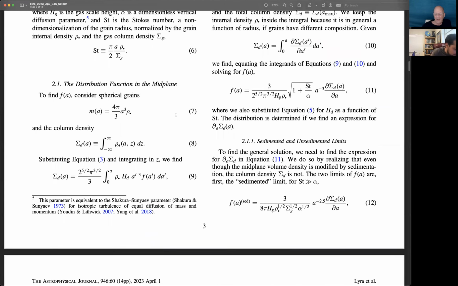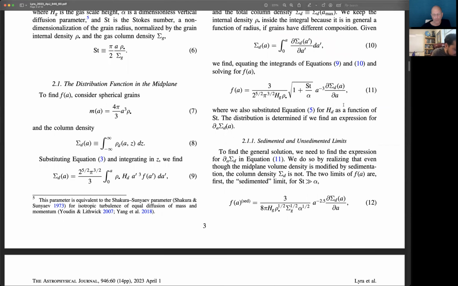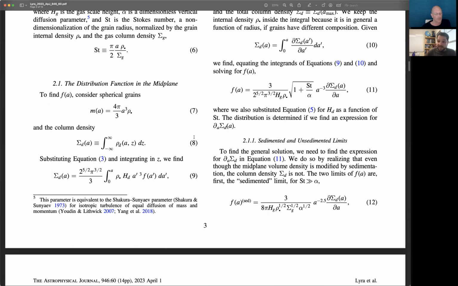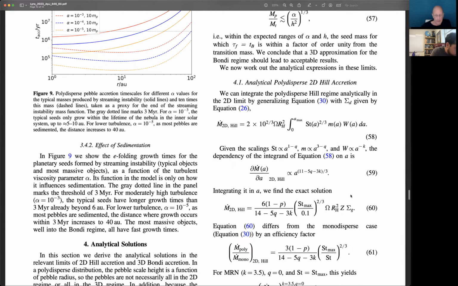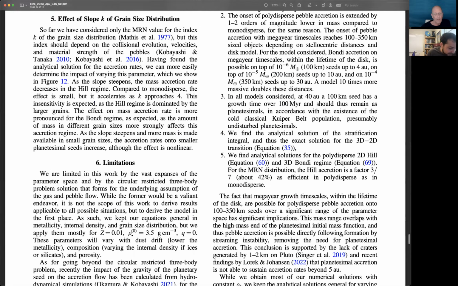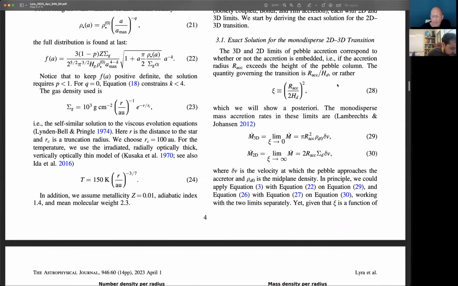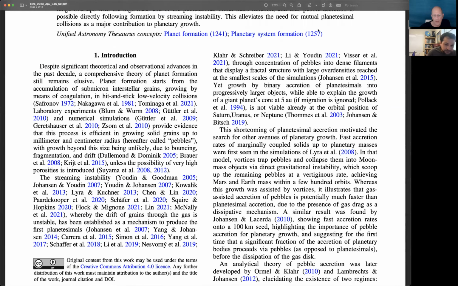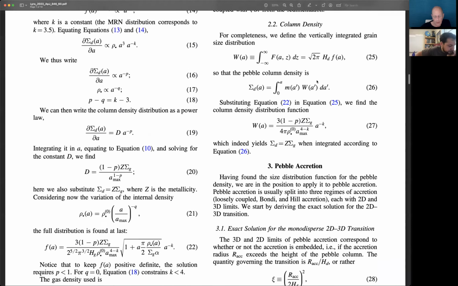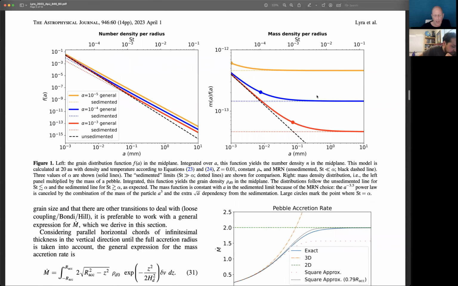Yeah. F distribution is the distribution of sizes of pebbles in the calculation. So yeah, there is that square root there. I'm going to go back to it, but visually, that's what is plotted on figure 1, the distribution functions. Let's go to figure 1 momentarily. Yes, sure.